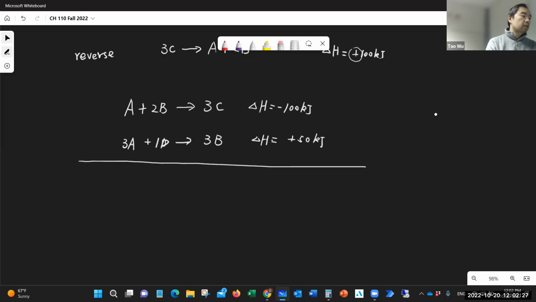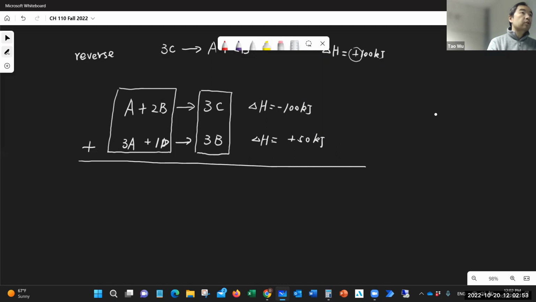So if we add those two equations, then what happens? To add the equations, everything on the left side of the arrow, you add together. Everything on the right side, you add together.